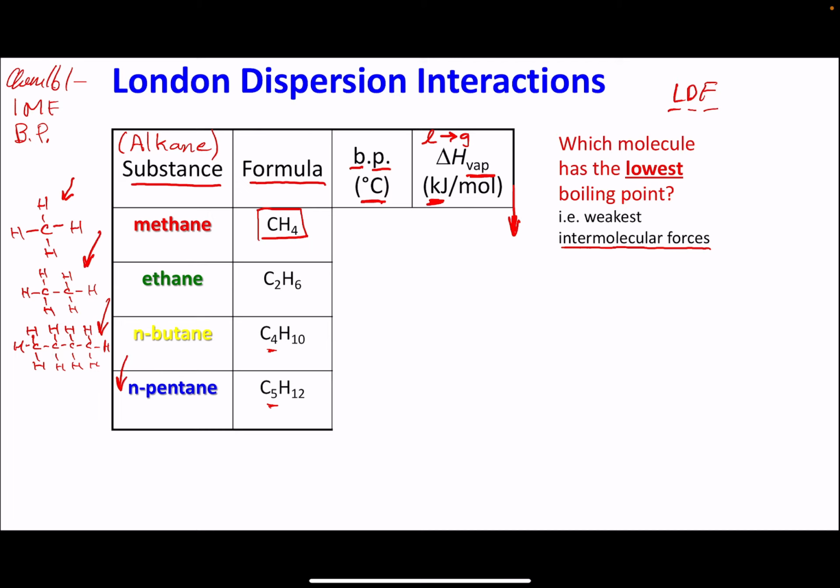So as we go down the columns in this table, we are increasing the length of the alkane molecules from methane to ethane to butane to pentane. Perhaps this is another moment where you can pause the video and answer, if you weren't able to before, which would have the weakest intermolecular forces and therefore the lowest temperature needed to boil the compound.